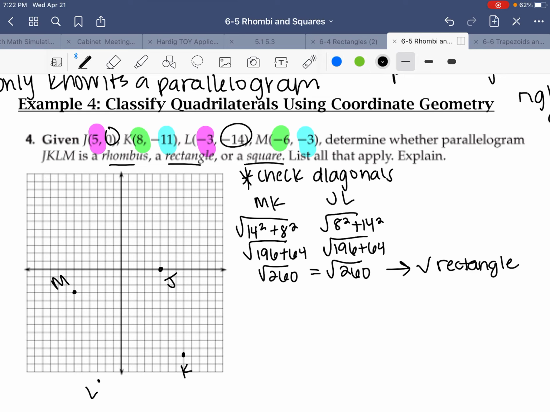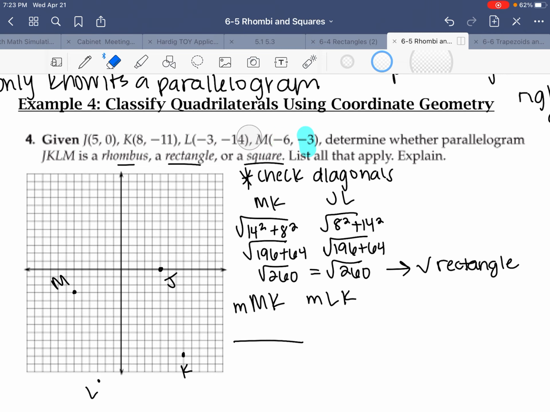So we want to find the slope of MK and the slope of LK. When I look at MK, I'm going to just look at the points now since I haven't connected all of my dots. MK is -6, -3, and 8, -11.